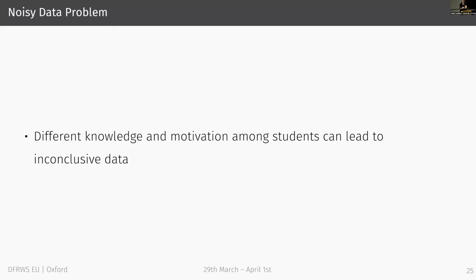Okay, the last aspect I want to talk about is noisy data. The two aspects we talked about so far led to difficulties in the data evaluation, but there's also another aspect, and this is the different knowledge and motivation level of the participants, which can lead to inconclusive data.